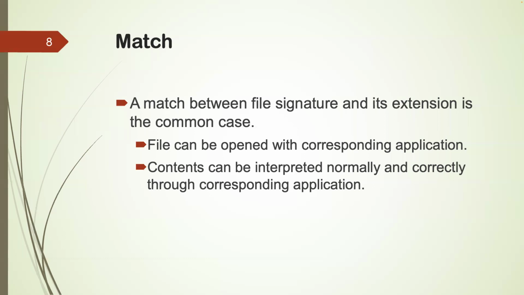Otherwise, it will give you an error that there is a mismatch, or that the file signature cannot be read properly and it is not a proper image file. It will give you an error, and you will not be able to see the content.